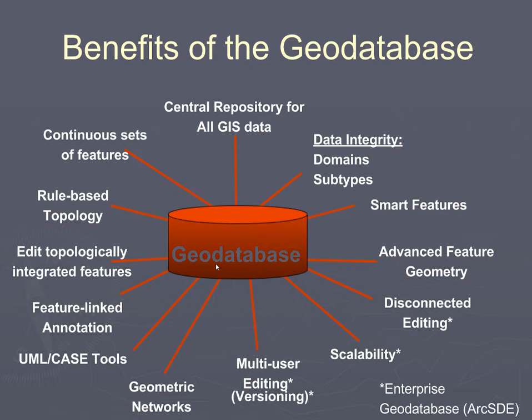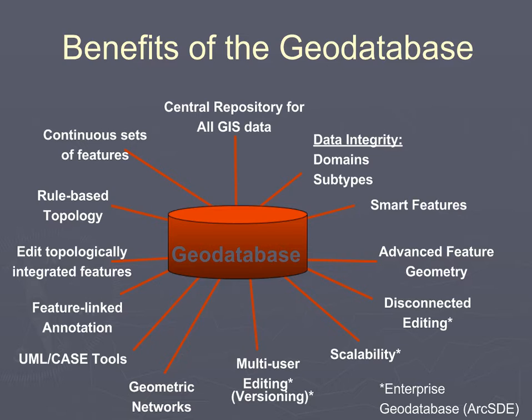Here are a lot of advantages of using a geodatabase, and you see a few in the Esri virtual training site, but here are many others. The central repository is the first thing everyone always says. If we go around to the right, I'll hit on some of these, not all of them.